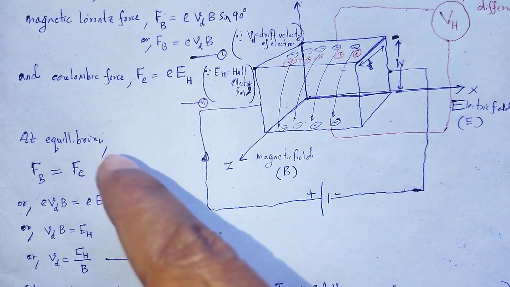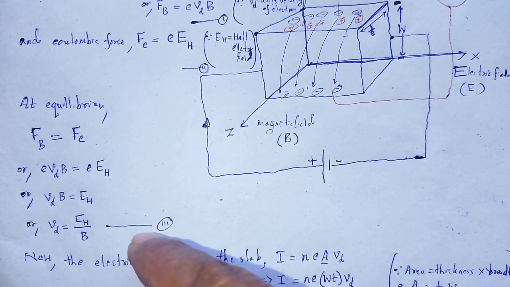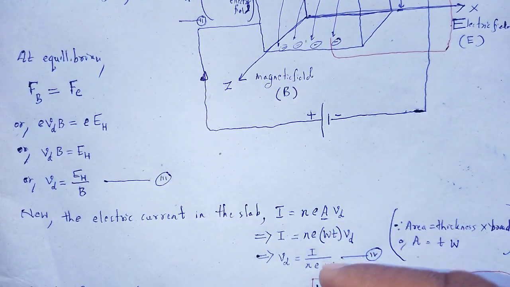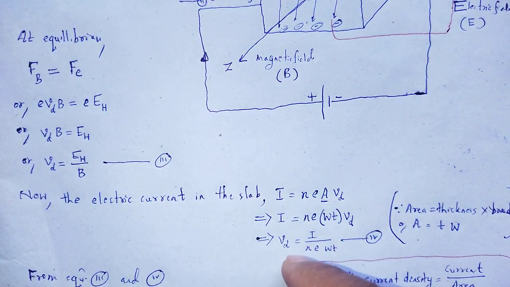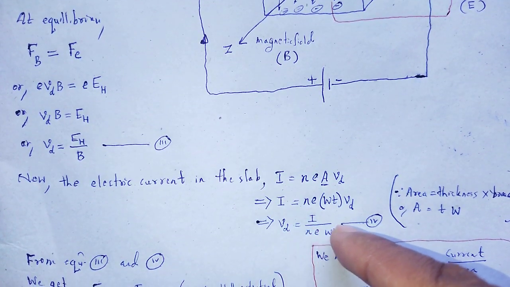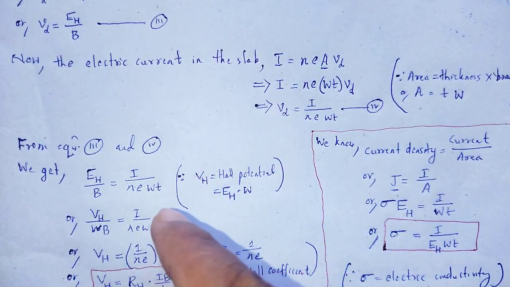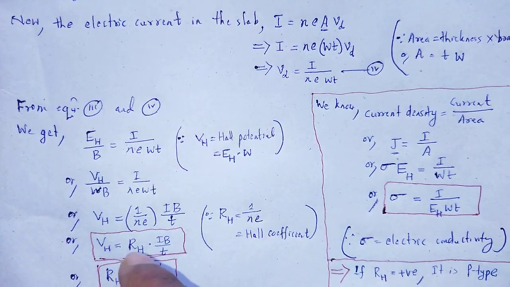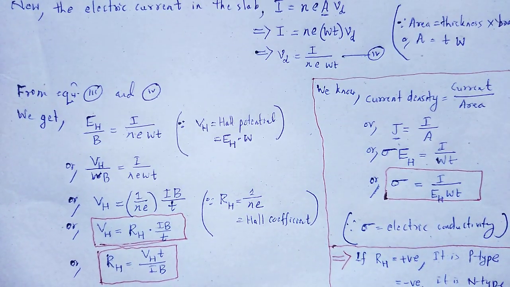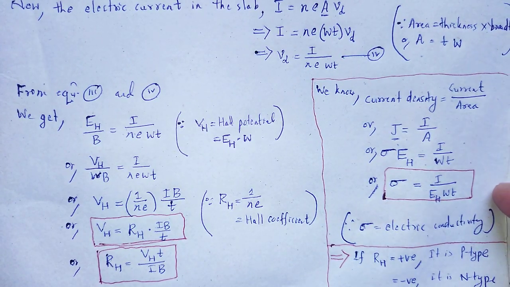At equilibrium, these two are equal, and equating them, we have Vd is equal to E_H by B. We know the total electric current in the slab from the definition, I is equal to N e A Vd, then the expression for Vd, and equating equation number 3 and equation number 4, and finally the expression for Hall voltage and Hall coefficient, then the expression for electric conductivity.